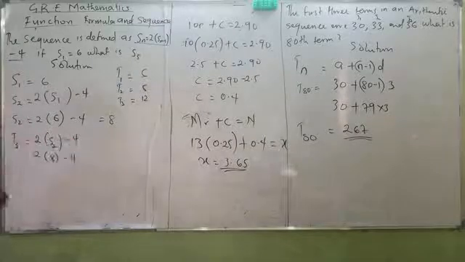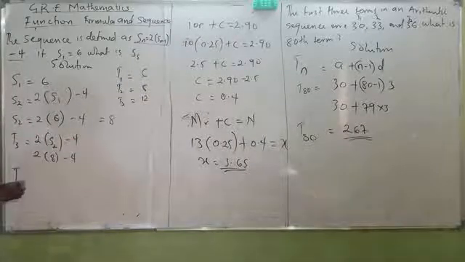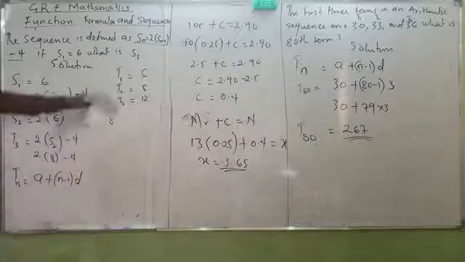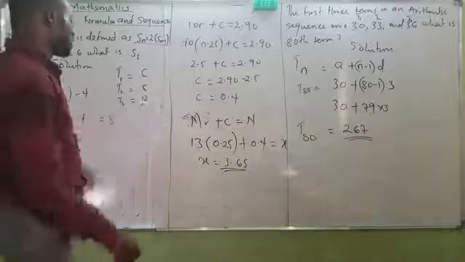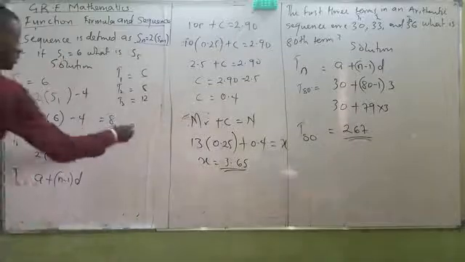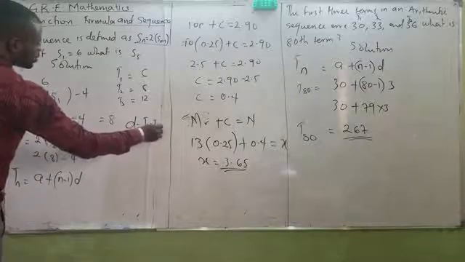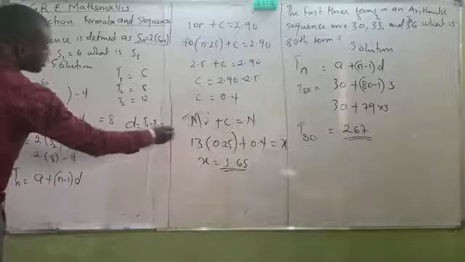What I just need to do, my T of n equals a plus n minus 1 bracket of d, because I have first, I have second, I have some. Now, my d will be equal to T2 minus T1, which is 8 minus 6, always 2.